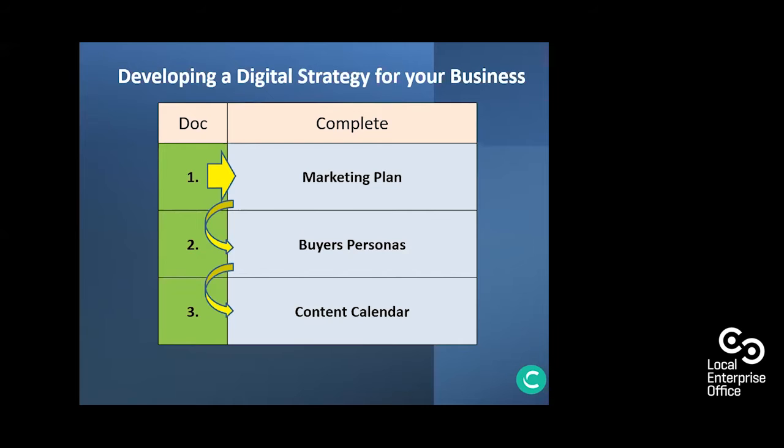The second one is around buyer personas or your customer segmentation. And the third document is an editorial calendar for your digital content. Broadly speaking, if you have these 3 documents, either virtually or physically in-house, you have a digital marketing strategy, a digital marketing plan. I suppose the analogy is like with the house, these are the foundational digital pieces.